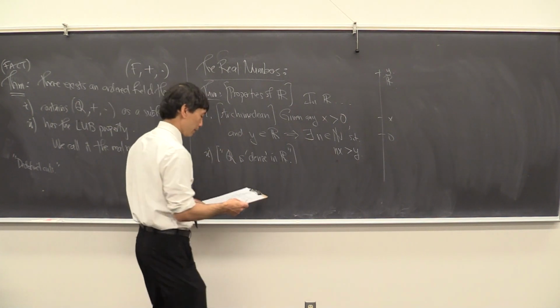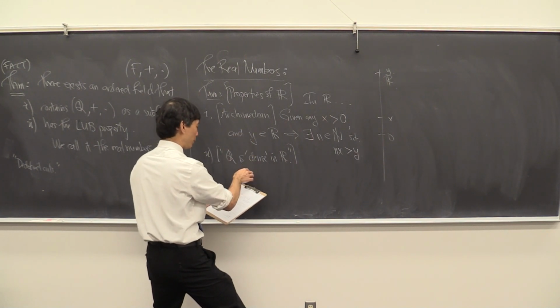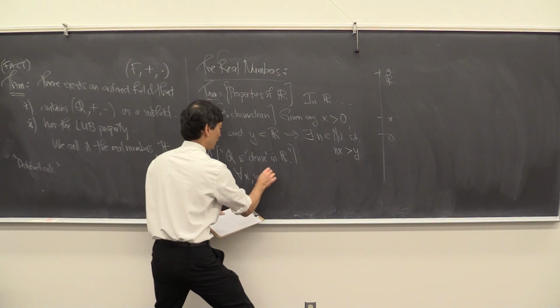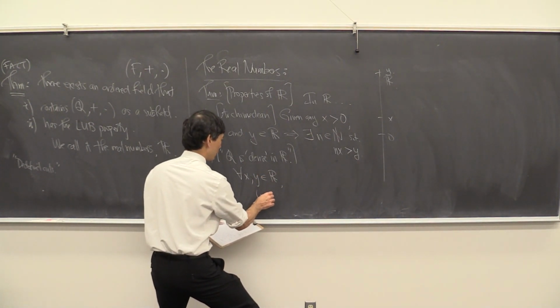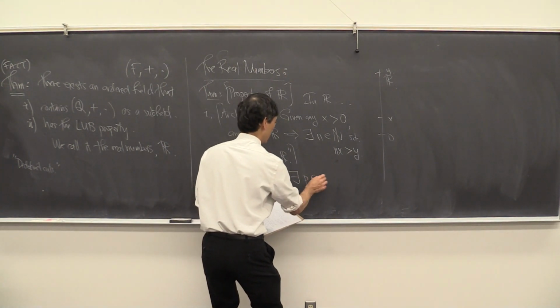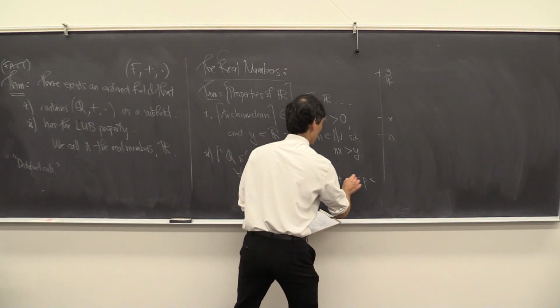But what the second property says is that for all x and y in R, where x is less than y, you're guaranteed a p in Q such that p is between x and y.